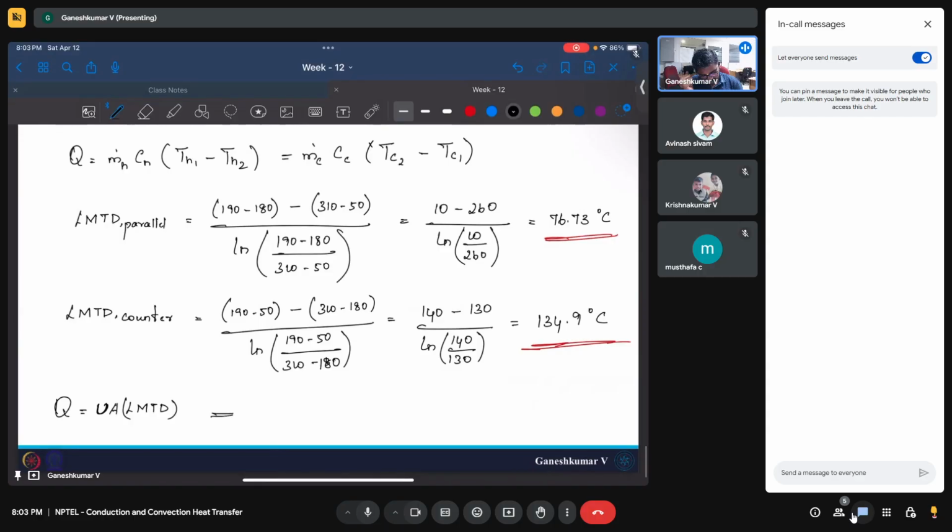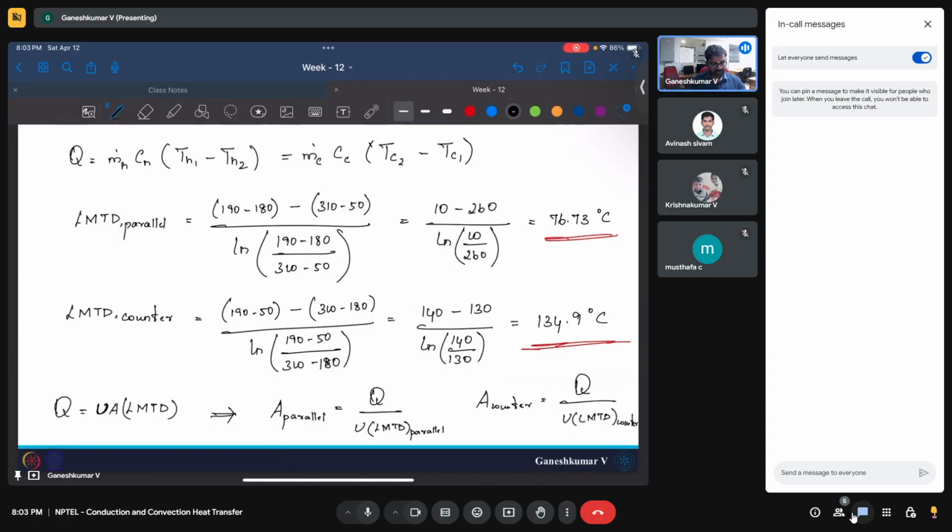Then what this says is A for a parallel flow heat exchanger is Q divided by U times LMTD parallel, and A for counterflow heat exchanger is Q divided by U times LMTD counter.